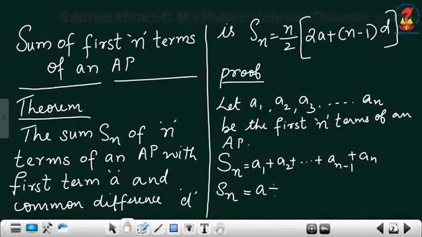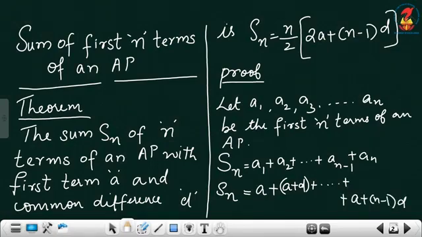So Sn is equal to a plus, a2 is a plus d, plus etc. plus the last term is a plus n minus 1 into d.